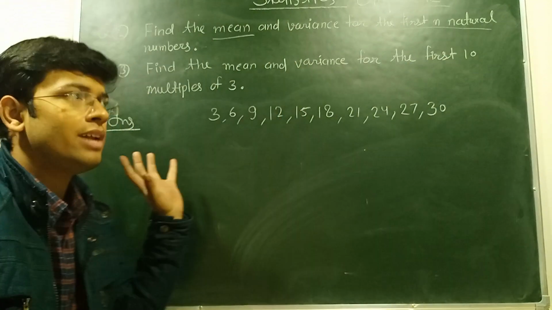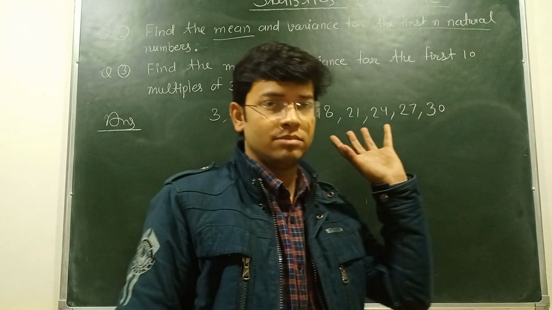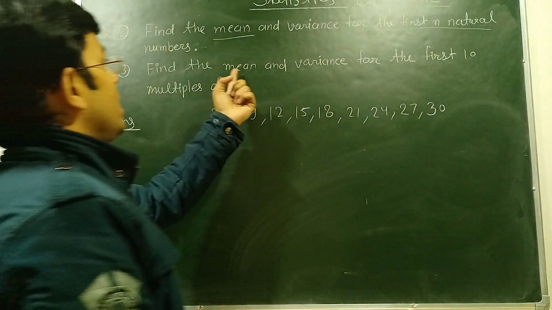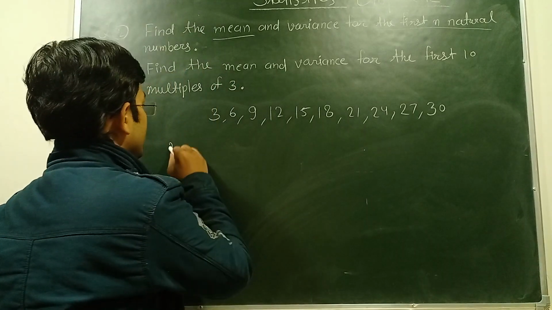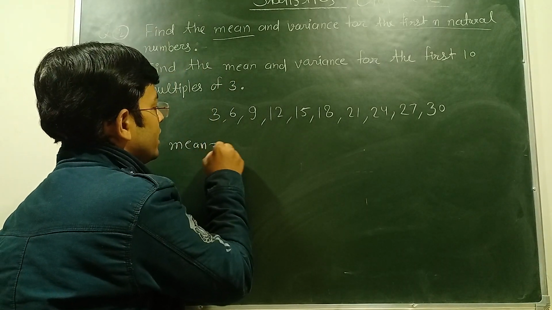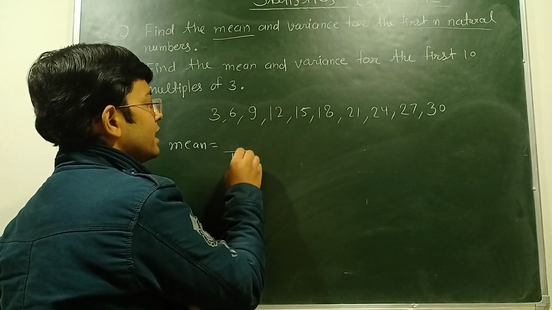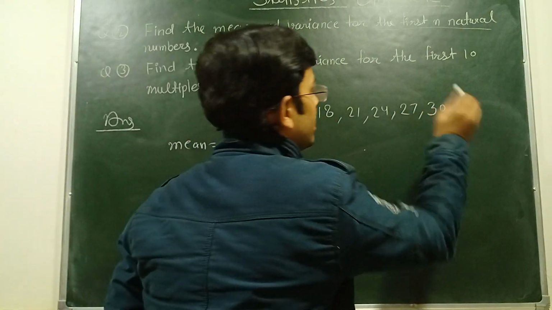So we write here the table of 3. And now what is the next step? We have to find the mean. Mean is very easy to find because we have to sum all the terms divided by n. The total terms are 10 and we have to add all the terms.